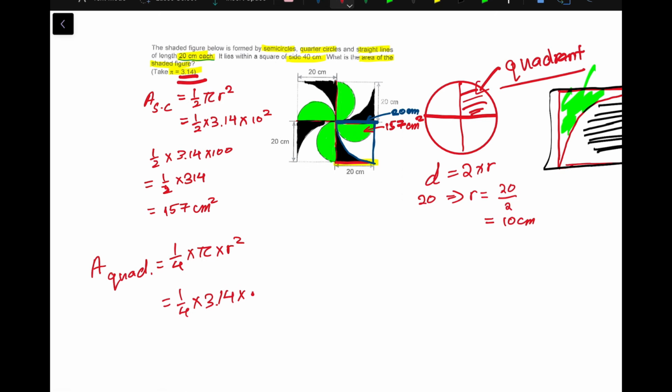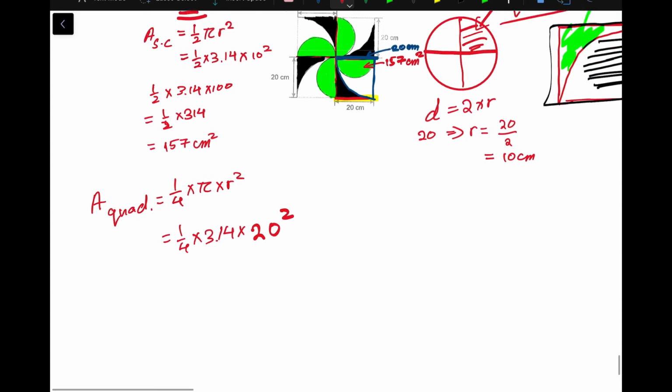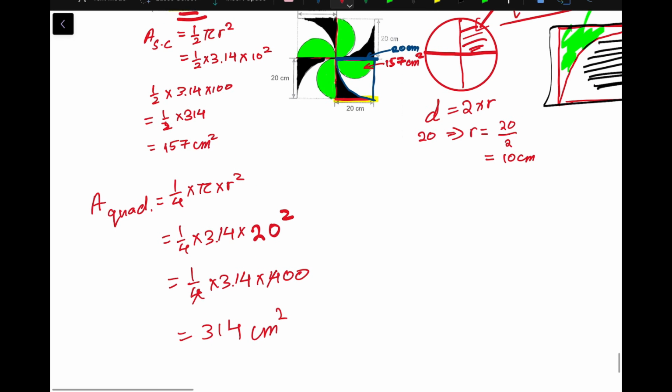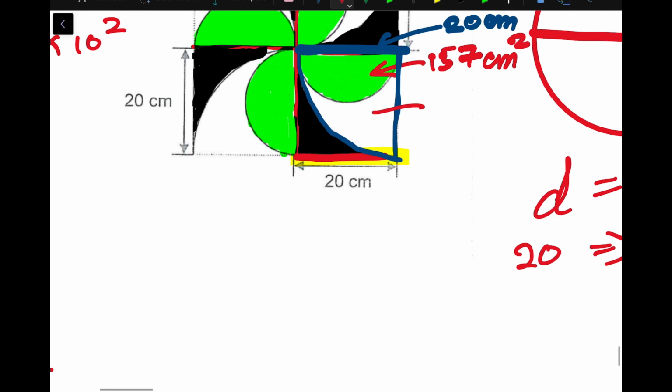So we get 1 by 4 times 3.14 times 20 squared, which gives us 1 by 4 times 3.14 times 400. The 4 and 4 cancel out, and we are left with 314 square centimeters for the area of this whole quadrant.